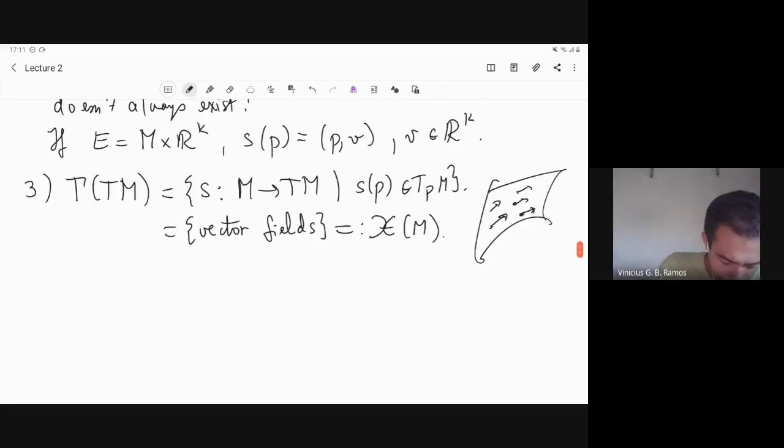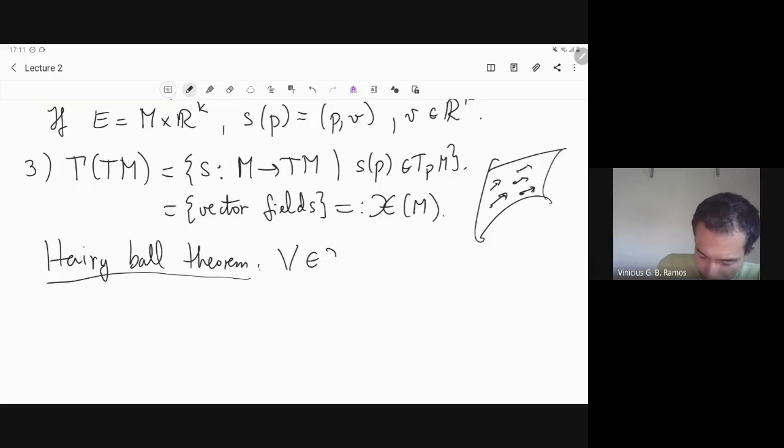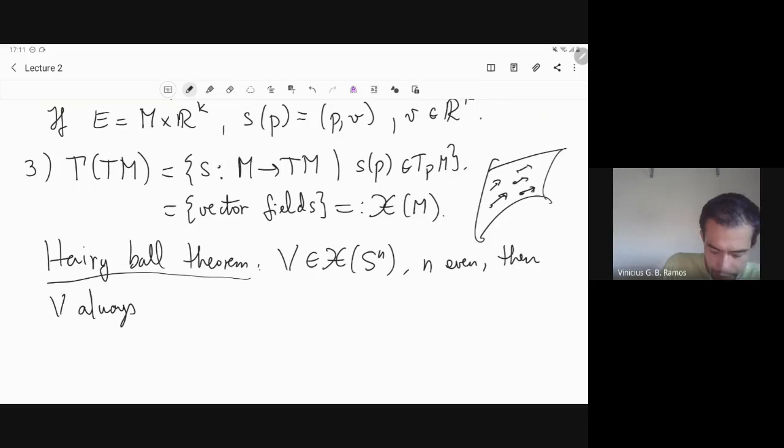There's the Hairy Ball theorem, which says that if V is a vector field on Sn and n is even, then V always has a 0.